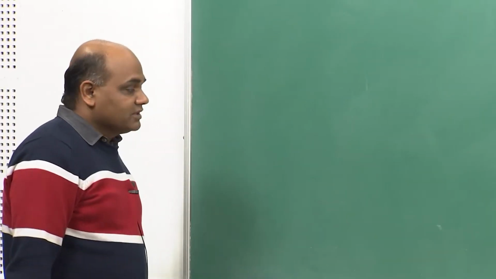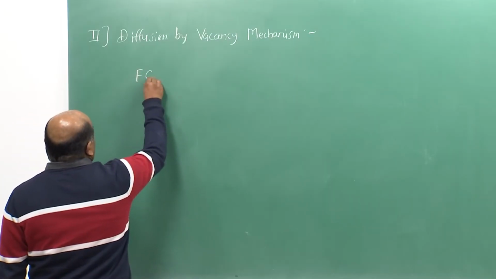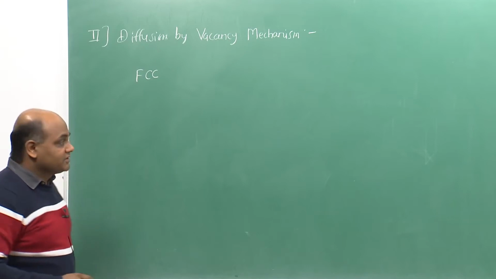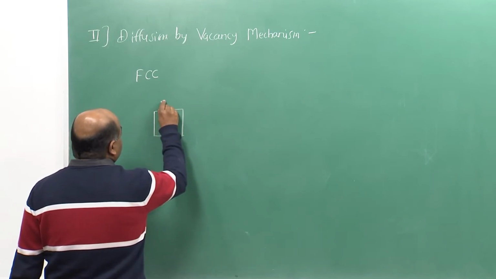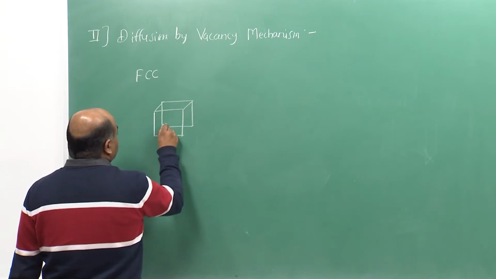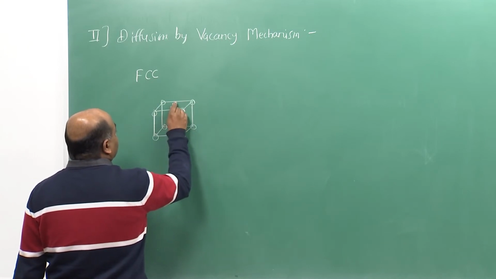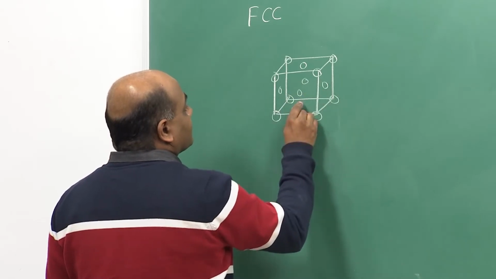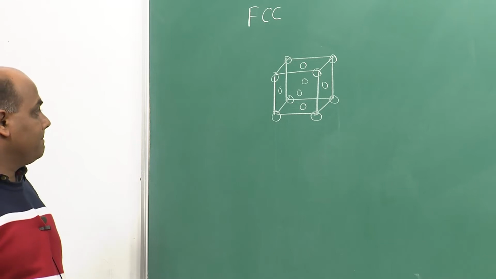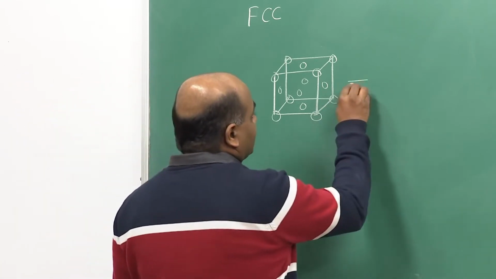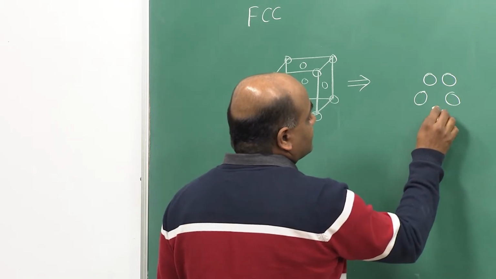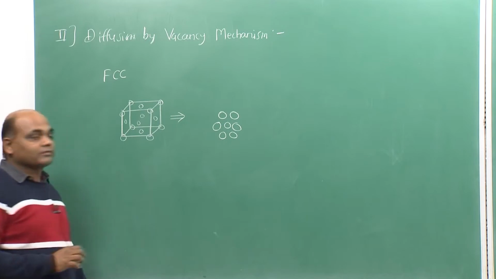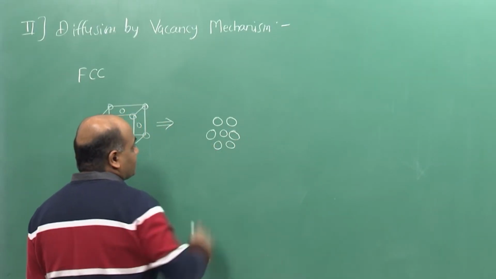So, if we try to visualize these particular jumps in an FCC lattice, if we look particularly at the 111 plane, this is how the atoms are arranged in a 111 plane.